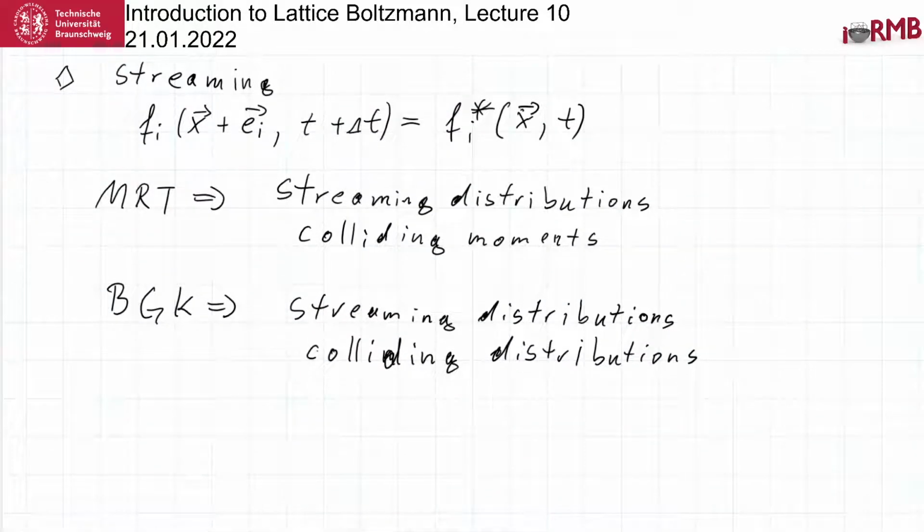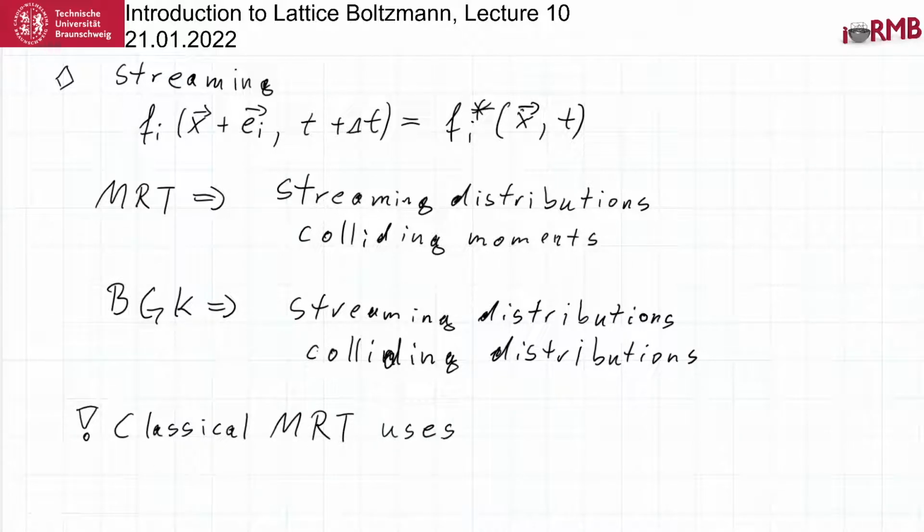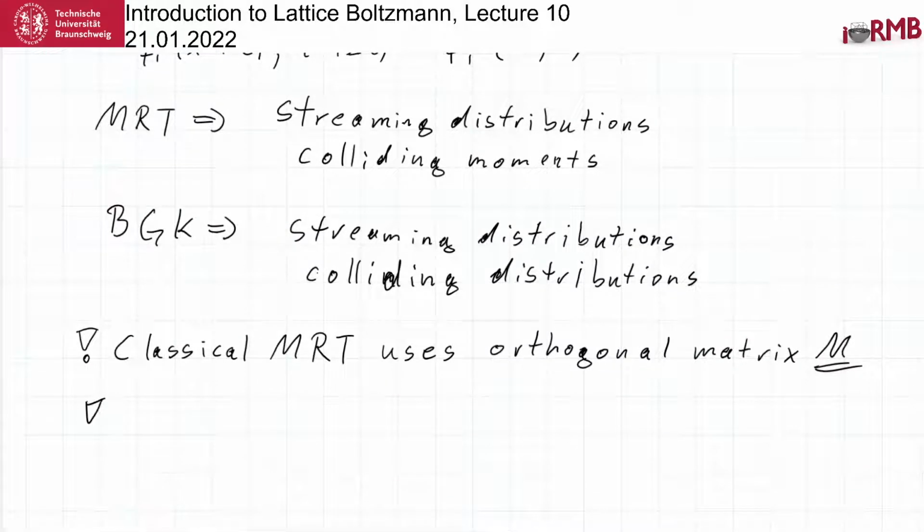Okay, so we did not specify this matrix yet. The classical one is the one by Lallemand and Luo. The classical MRT method uses an orthogonal matrix. And of course, it requires a specific ordering.